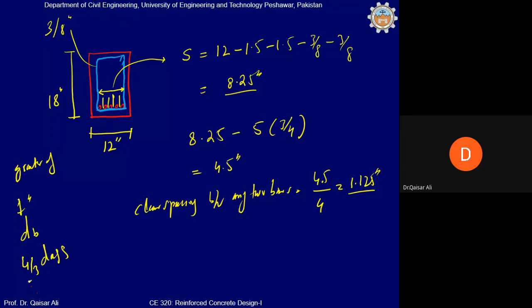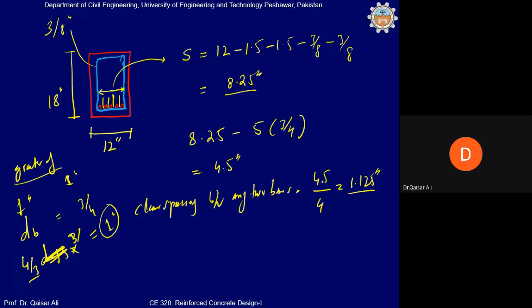Normally we use 3/4 inch down aggregate, so 4/3 multiplied by 3/4 gives us 1 inch clear spacing. The bar diameter in this case is 3/4, so the governing is 1 inch spacing because the greater of these three is 1 inch.